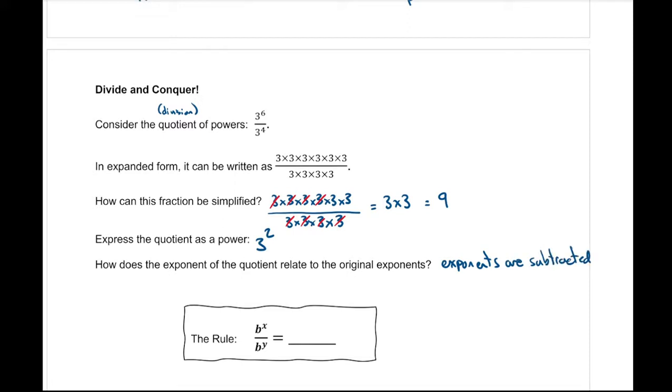So that's the rule when we're dividing exponents, which does kind of make sense because that's the opposite of multiplying, right? The opposite of multiplying is dividing. So that means the opposite of the one rule where we're adding, we're going to be subtracting. So if I have b to the power of x divided by b to the power of y, in simplified form I would then have b to the power of x minus y.